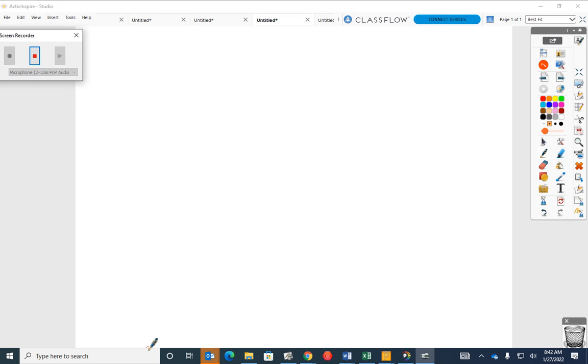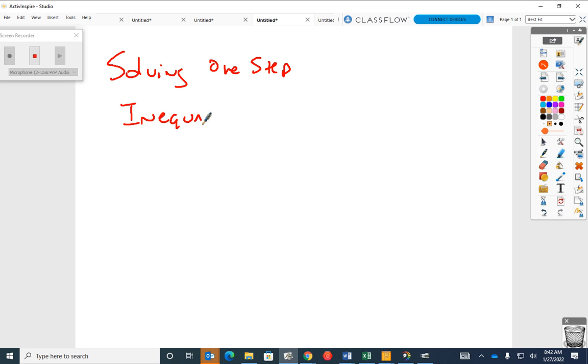Okay, so we already did solving one-step inequalities that had addition and subtraction, right? Now we're going to do multiplication and division. This is solving one-step inequalities, but these are multiplication and division.